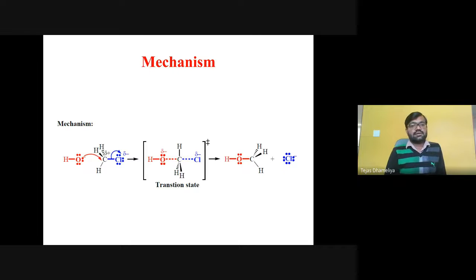And in this reaction, the attack of OH minus and the departure of Cl minus both are happening simultaneously. एक का अटैक होता है, दूसरे का डिपार्चर होता है. So attack and departure. Both the phenomena are simultaneous, hand in hand. So that is occurring together.